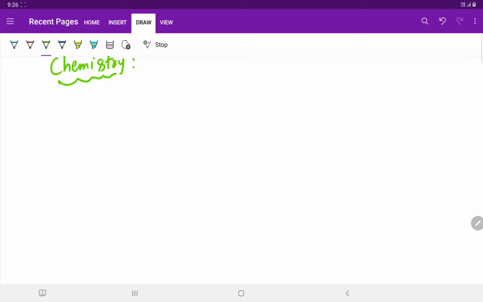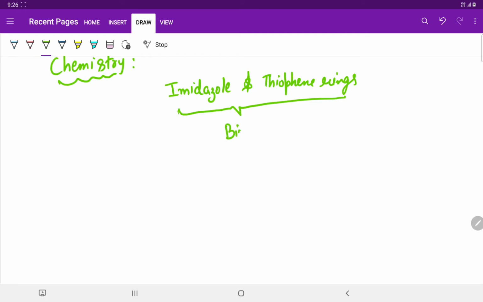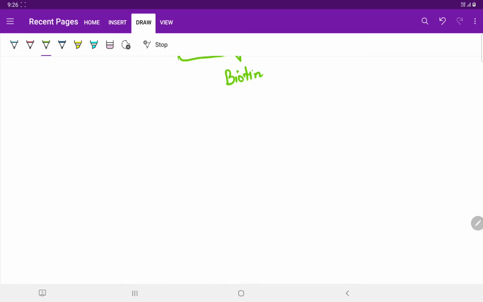So it's basically formed by fusion of imidazole and thiophene rings. So together they form biotin. Let us see the structure first.